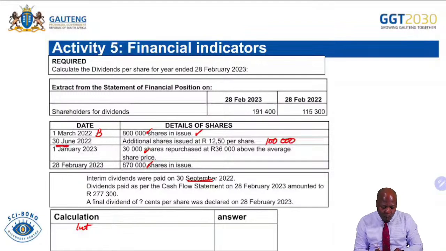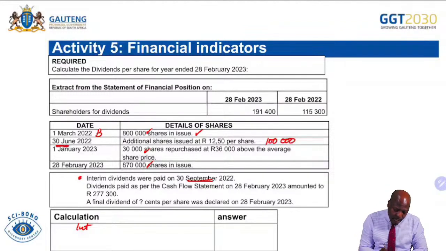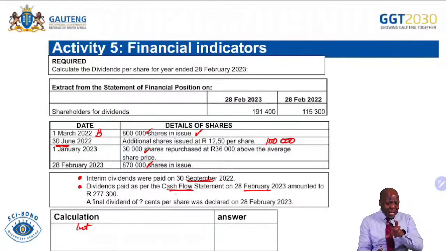Okay. Then we are told that interim dividends were paid on 30 September. The next one. Dividends paid as per the cash flow statement on 28 February amounted to 277,300. So dividends that are paid on the cash flow, remember we did this earlier on, that if we are getting dividends paid, it includes two amounts.